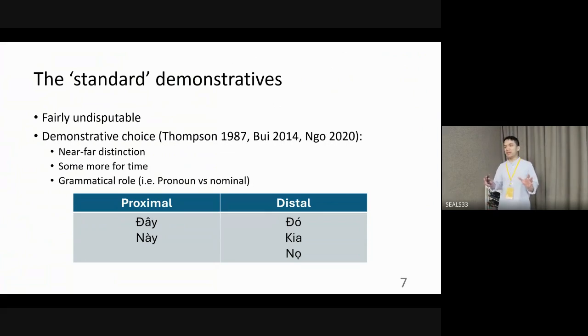There are a few differences, like some demonstratives being used for time, and some grammatical differences, like some can be used as pronouns but some cannot. But those are minor differences.